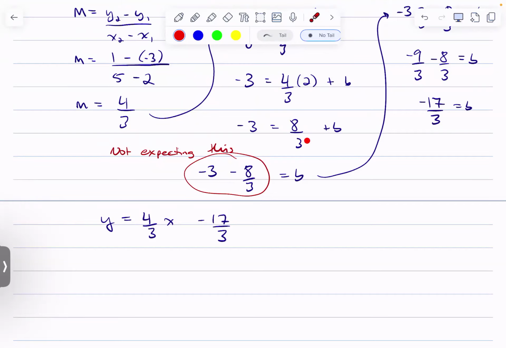I'm okay to do that before I switch around? Yeah, you can, as long as you do it to all the values. So as long as you're doing this times 3, then you get -9 is 8 plus 3b. You're allowed to do that. And maybe that's a better way to do it.